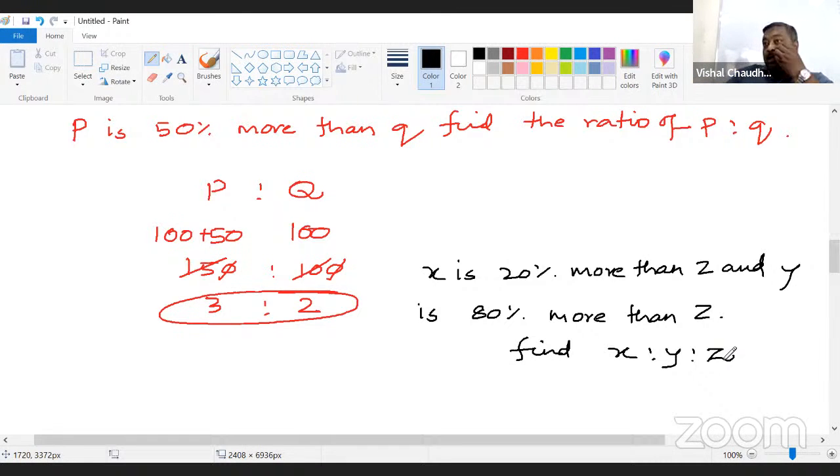So what will I get here? Can you solve it for me? Please attempt this question.